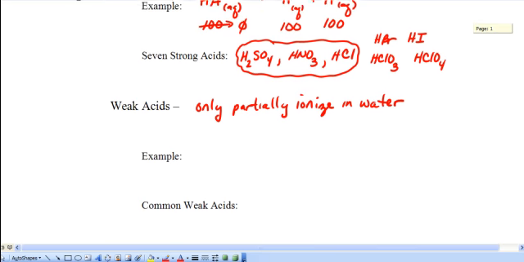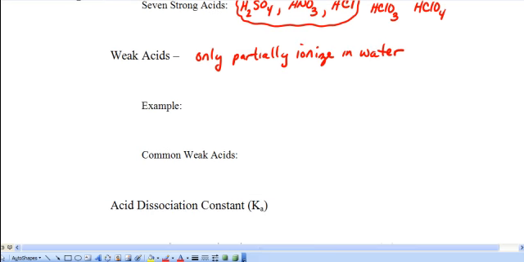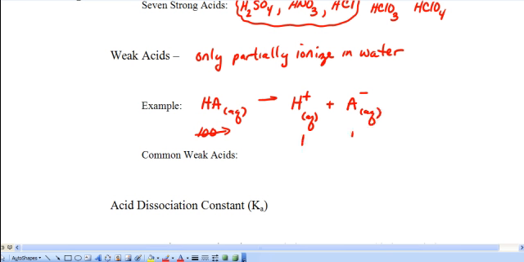Well, if we give you an example, let's just say generically speaking, if we have an acid and let's say we started with 100 of those molecules, in fact only 1 of those would turn into hydrogen and the anion. You get 1 of these and 1 of these.